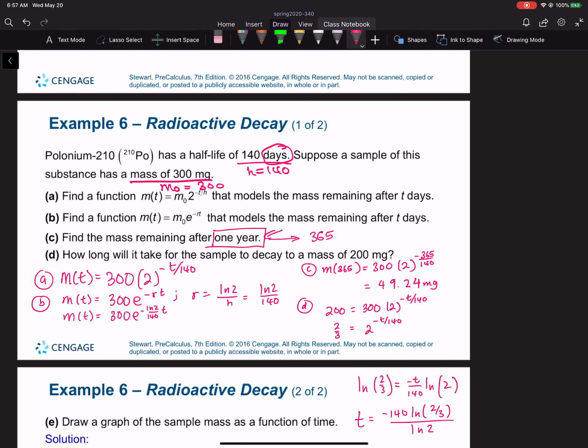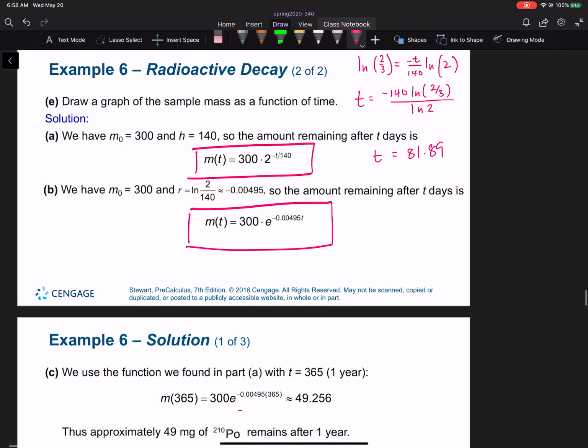I got ln 2 divided by 140, and you end up with that same answer.